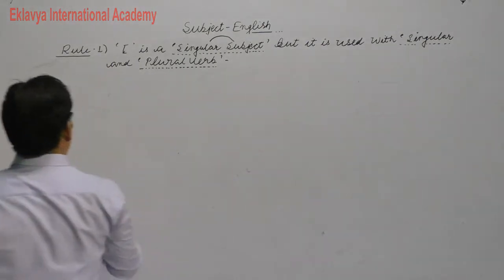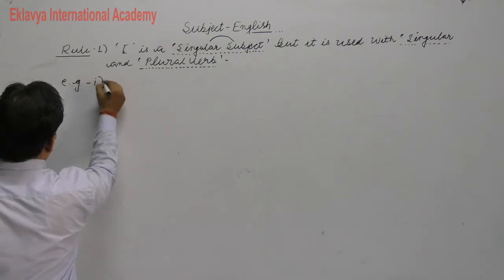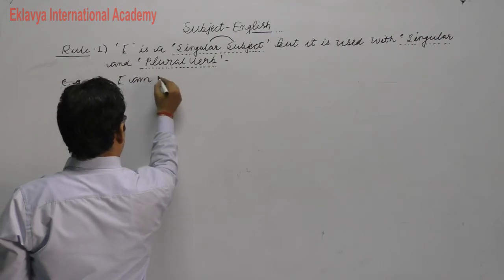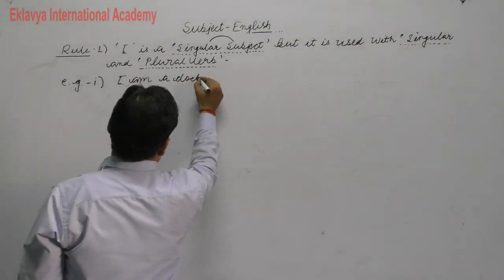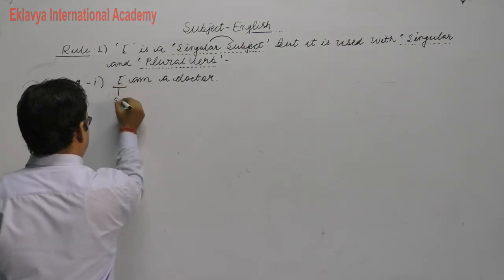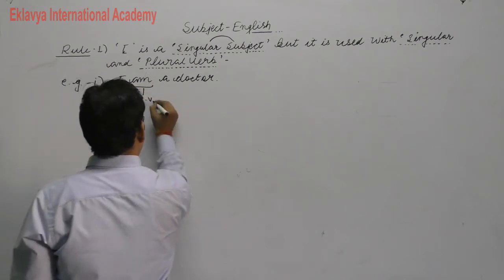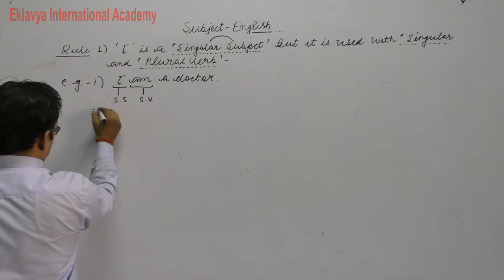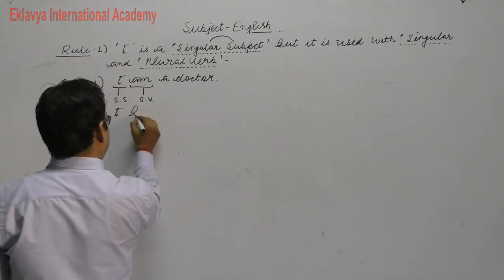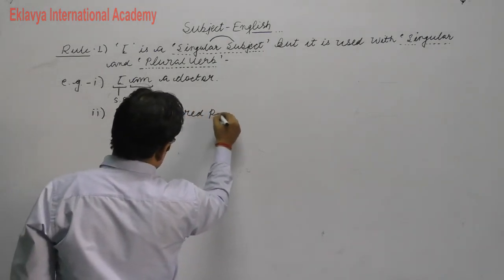Let's do the example of the same rule, student. Example number first: I am a doctor. Singular subject, and here we have a singular verb. The same I have mentioned in the introductory part. Example number second: I have a red pen.